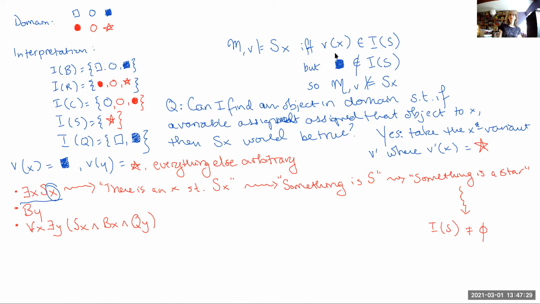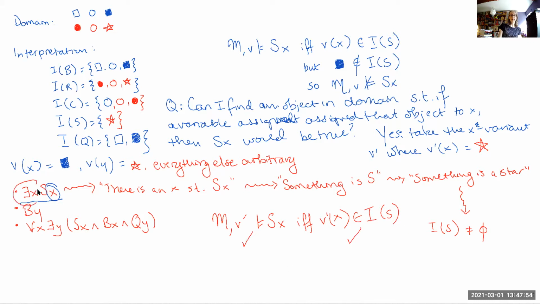And therefore, we can say that on the variable assignment v prime in this model, this formula is true. Sorry, this is a formula, not a sentence. It has a free variable. So this is the case.